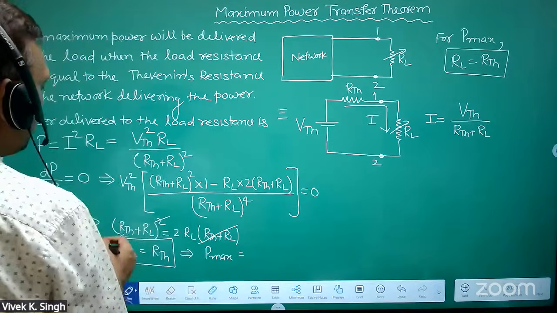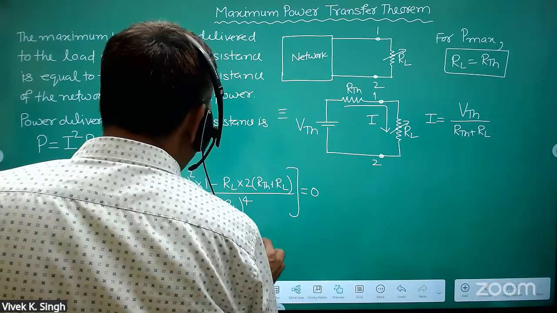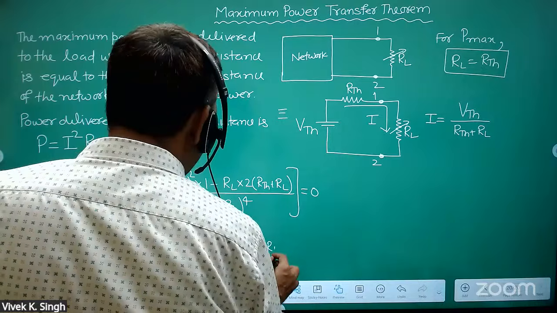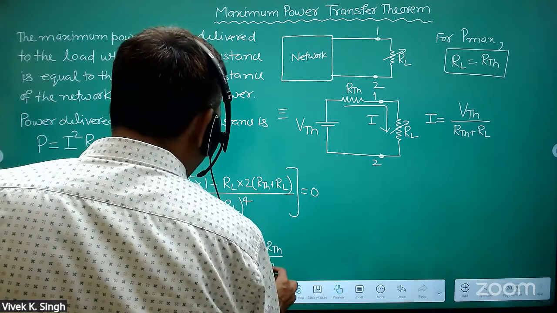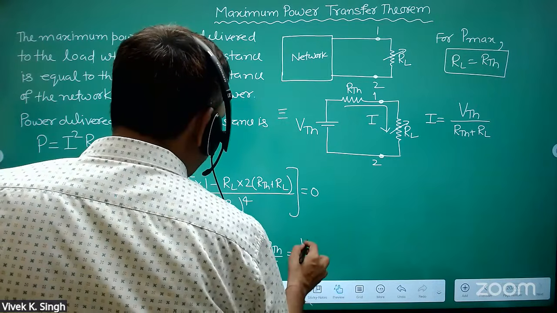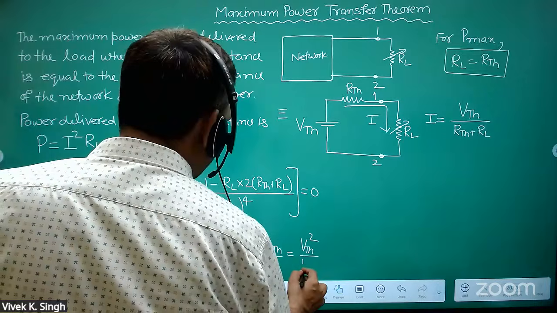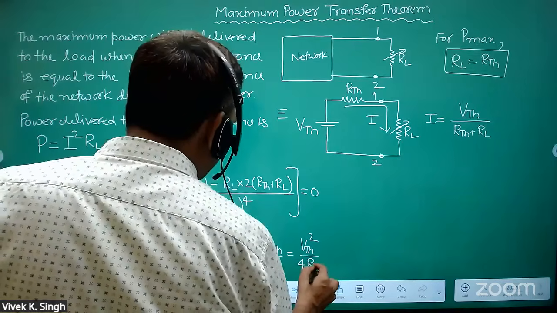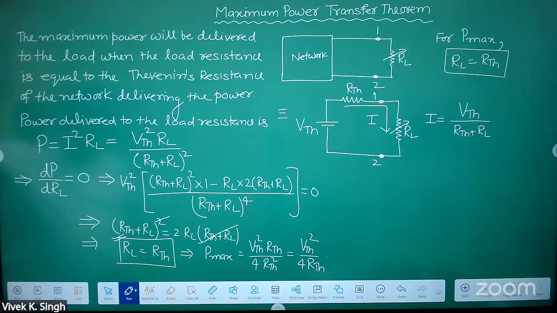And this maximum value is given by VTH square RL is RTH by 4 RTH square. So maximum value is VTH square by 4 RTH. This will be the maximum power delivered to the load.